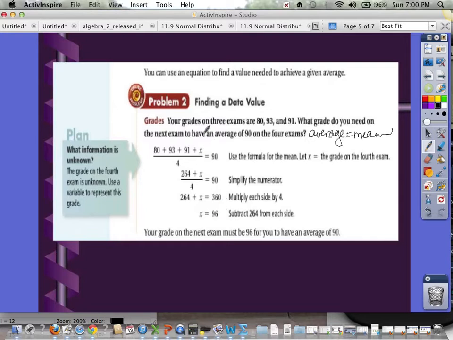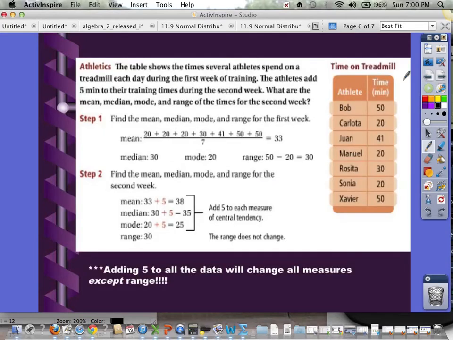Okay, so if you need to find a grade in order to get an average, this is the way you'll do this one. Okay, and another example. This one is about time on a treadmill, and they had put down their time. And then they had decided, well, what if I added 5 minutes to their training time during the second week?